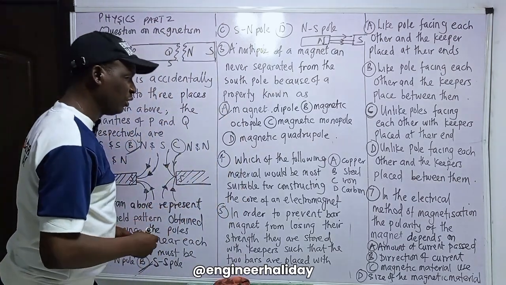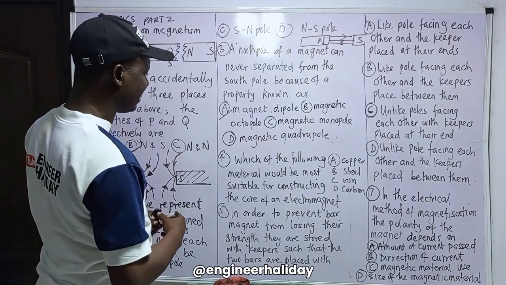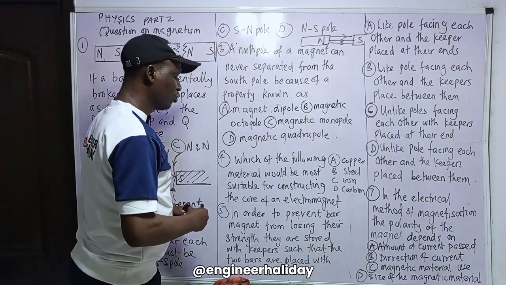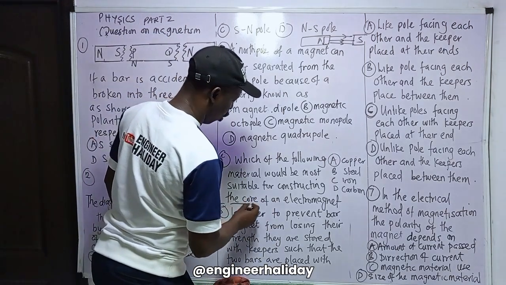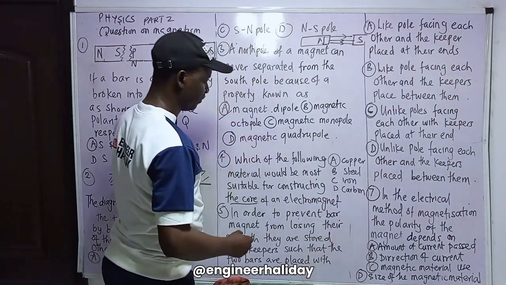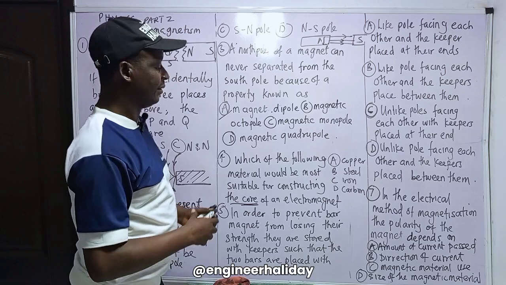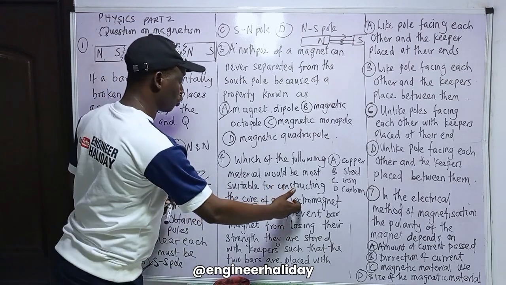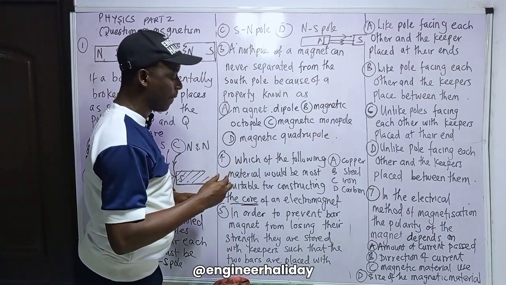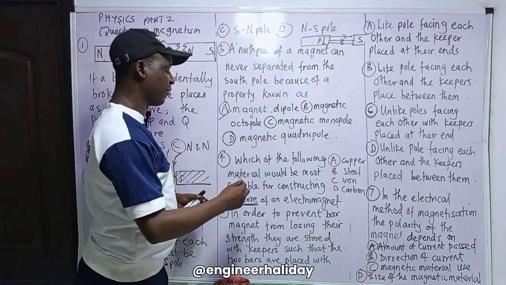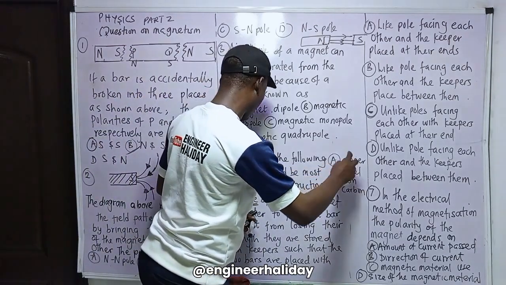Number 4, it says, which of the following materials would be most suitable for construction of the core of an electromagnet? The core of an electromagnet is the material used to construct the electromagnet, not the wire. The coil is the wire. If I say the coil, I will go for copper.